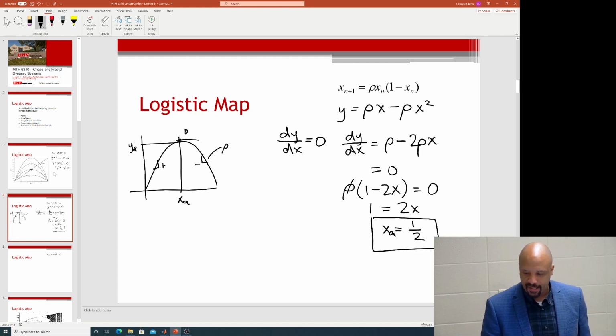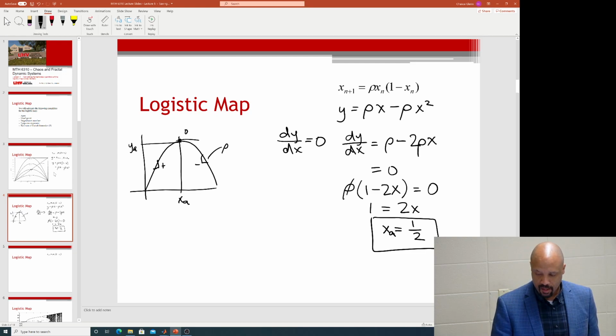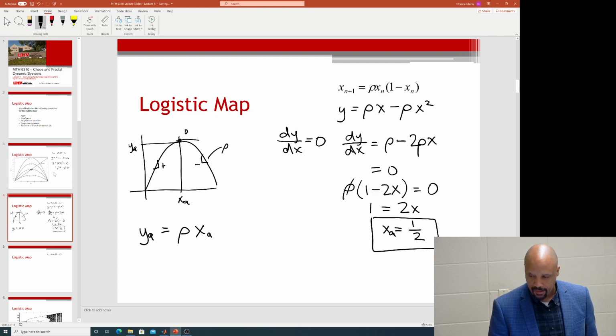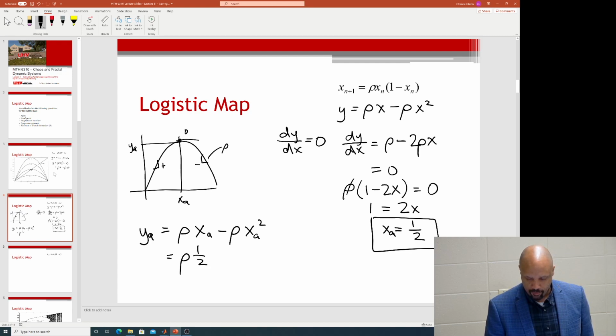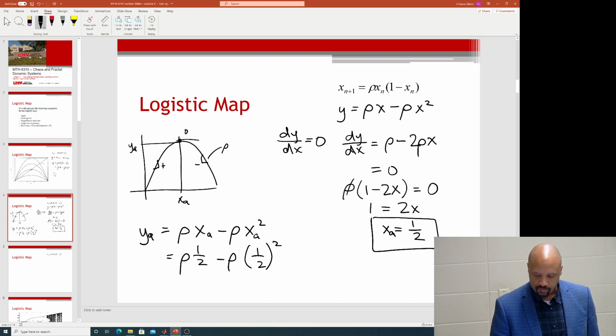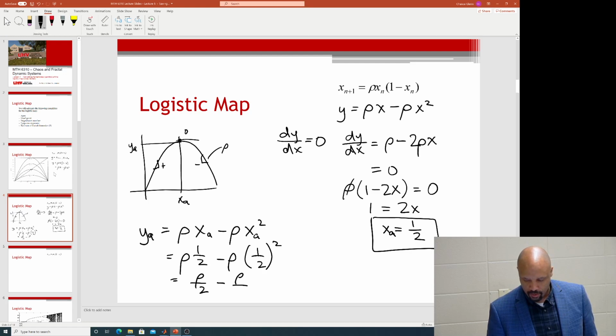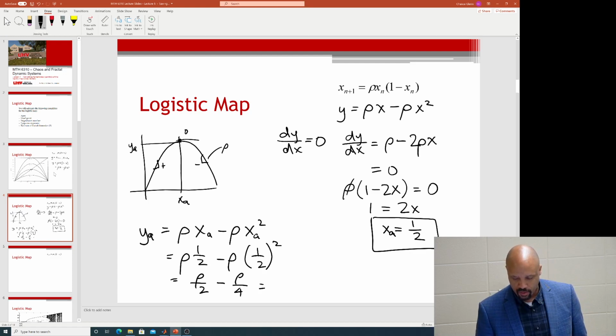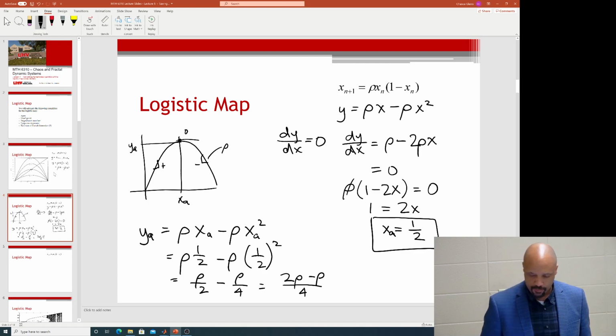Put that in and say y a, that's this point, is going to be equal to rho x a minus rho x a squared, which is rho times 1/2 minus rho times 1/2 squared, which is equal to rho over 2 minus rho over 4, which is going to be equal to 2 rho minus rho over 4, right?